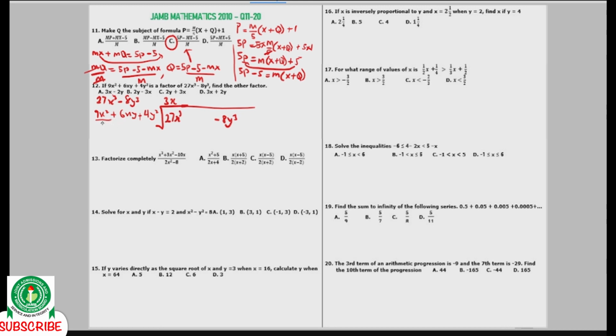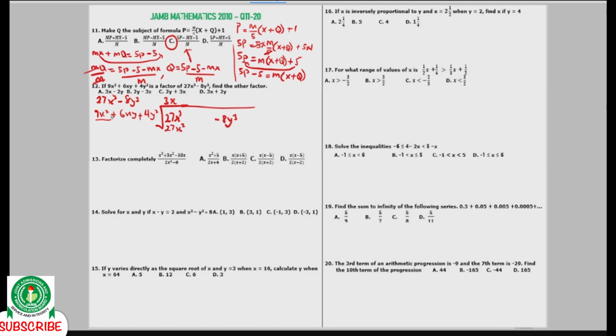Now after dividing this term by the first term, you multiply this answer by all of the terms in the factor. 9 times 3 will give 27, and x² times x also gives x³.